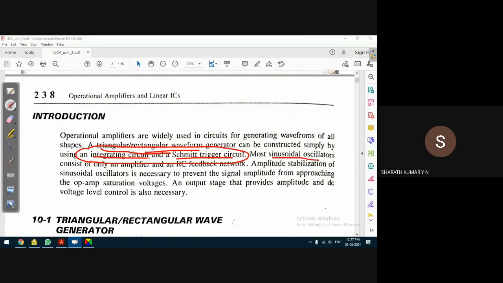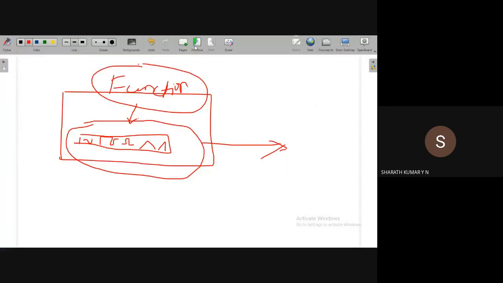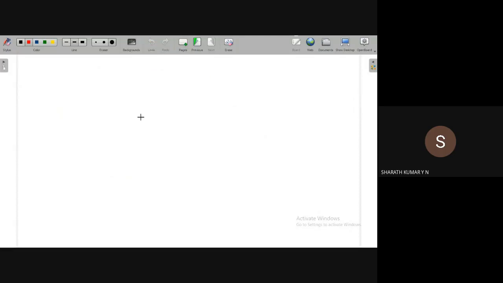So sinusoidal oscillators consist of only an amplifier and an RC feedback. We have seen this in the ADC lab, the Class B amplifier using a basic transistor.